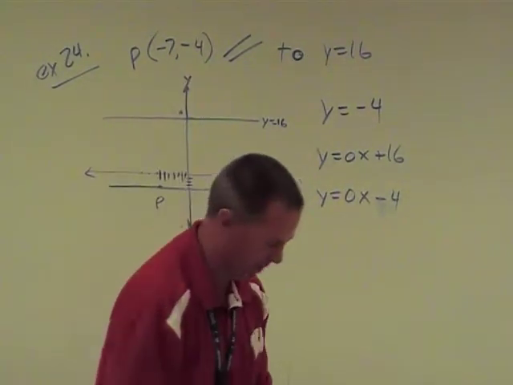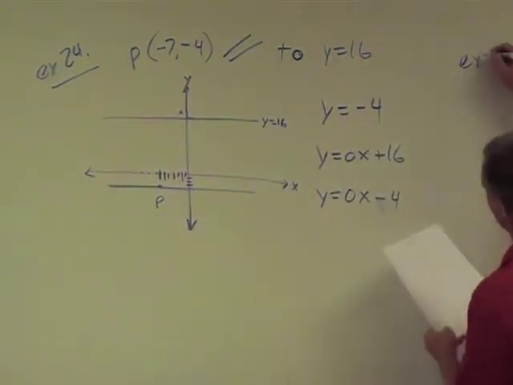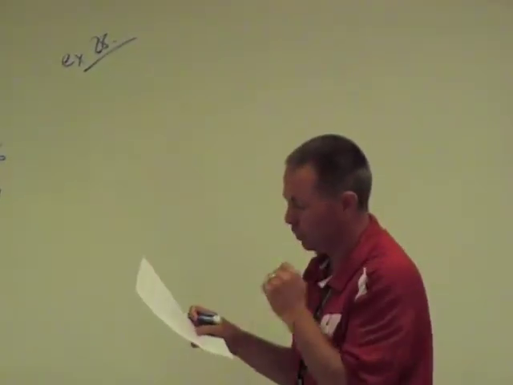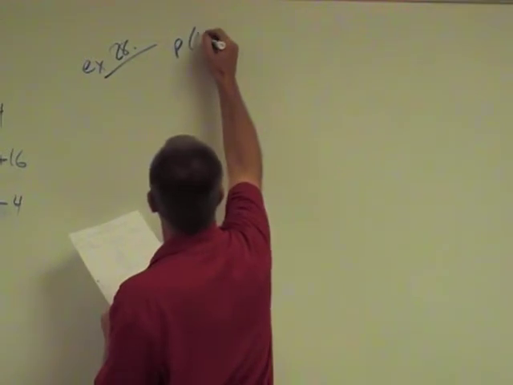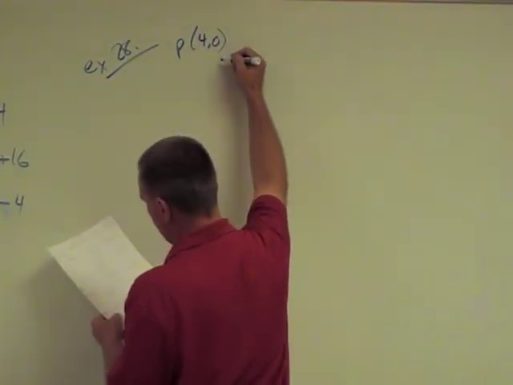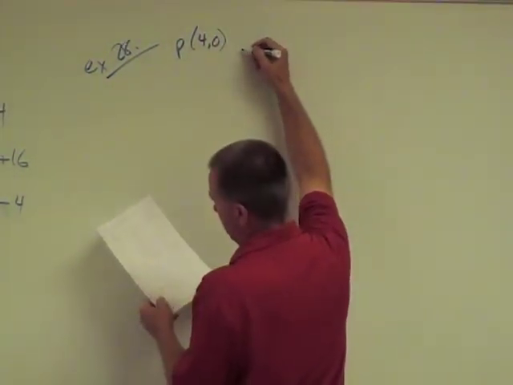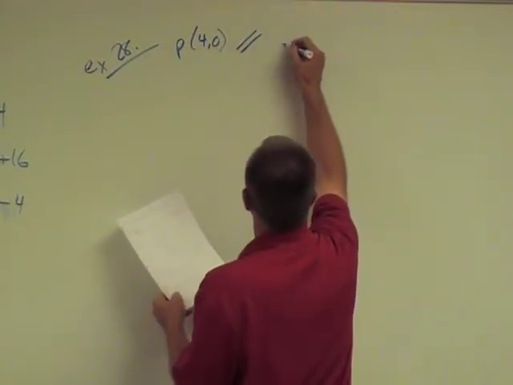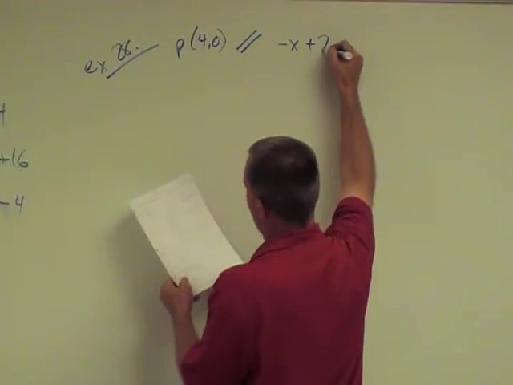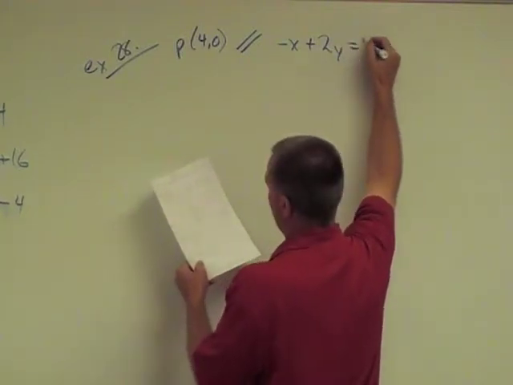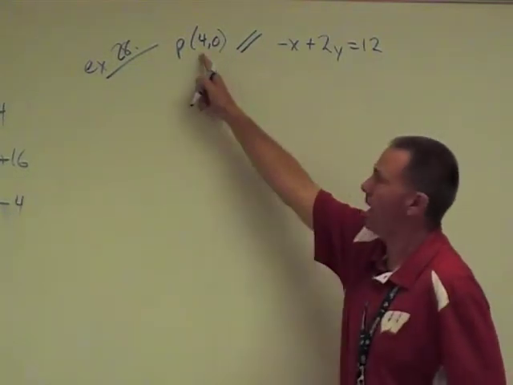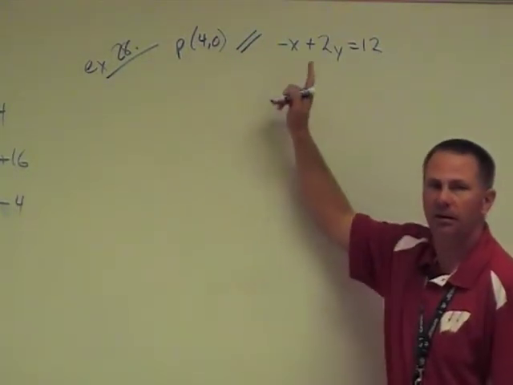Alright, enough of that. Let's actually do something a little more usual. Point P is at 4, 0. I want the equation of the line that goes through that point that's parallel to this line, -x plus 2y equals 12.